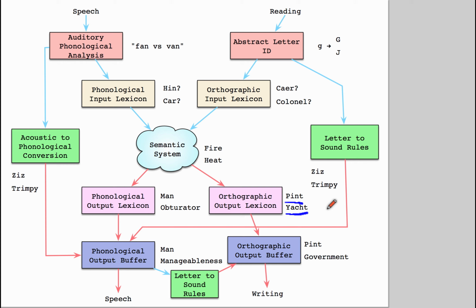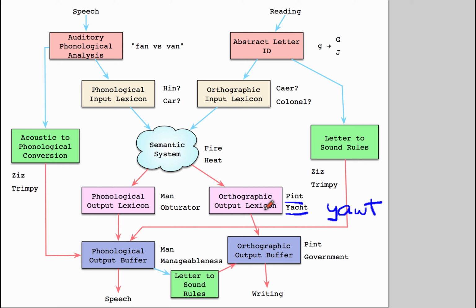So for example, if you were to ask a patient with damage here to spell the word yacht, they might do something like this. Yacht. Okay. Because they haven't been able to retrieve that stored whole word representation.